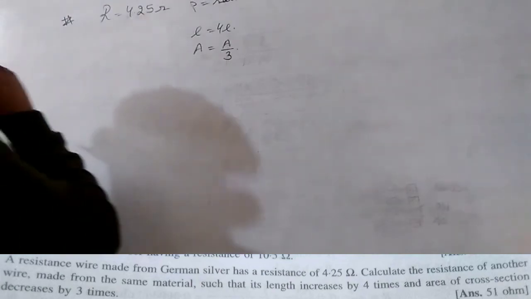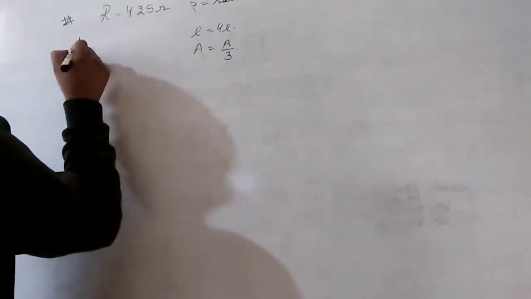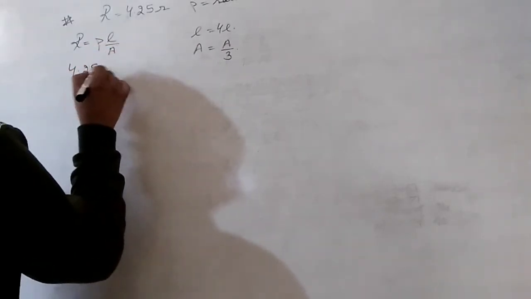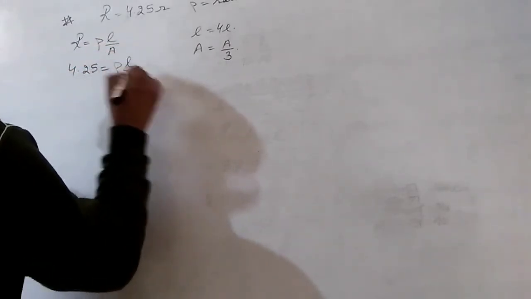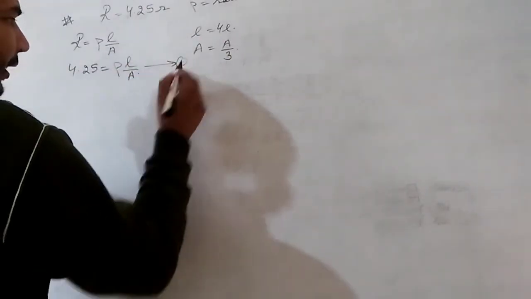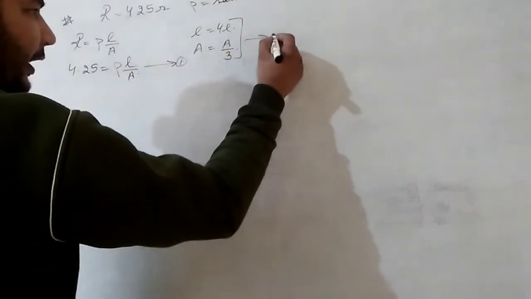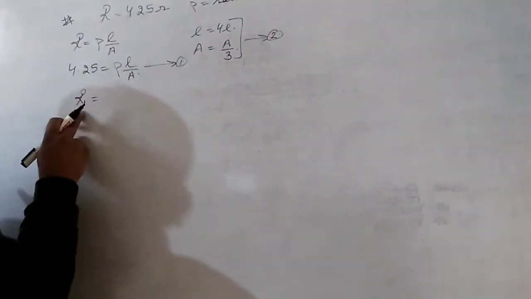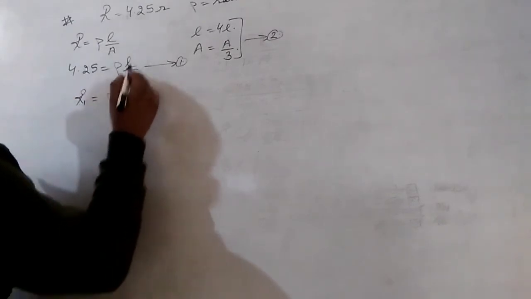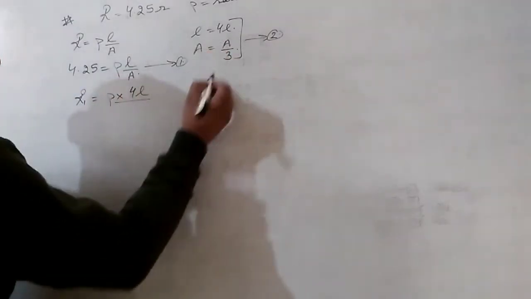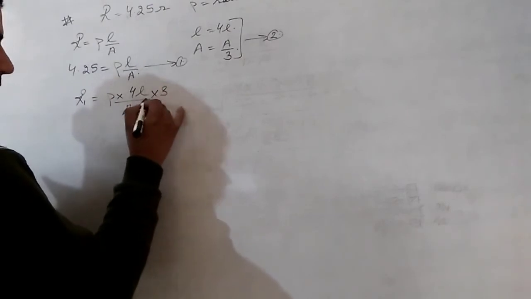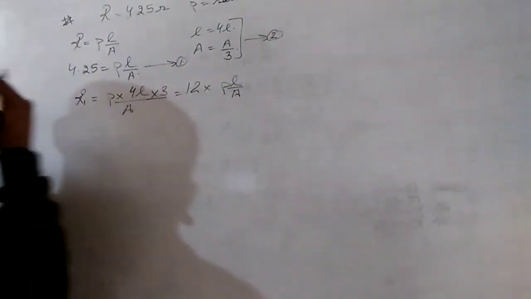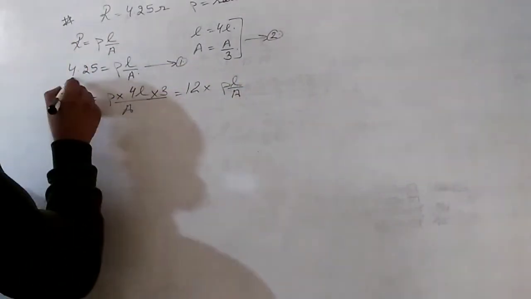So for the first wire, we are writing R is equal to rho L by A, that is 4.25 is equal to rho L by A. So this is equation number 1. Now we are putting these values in equation number 1. So new resistance R1 is rho into 4L by A by 3, that is 12 into rho L by A. Here rho L by A is equal to 4.25.